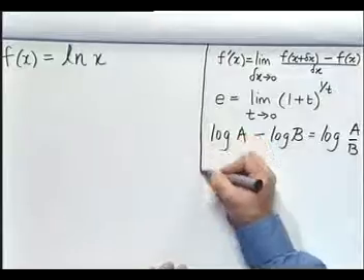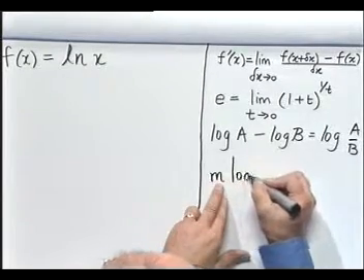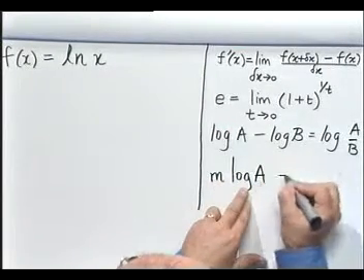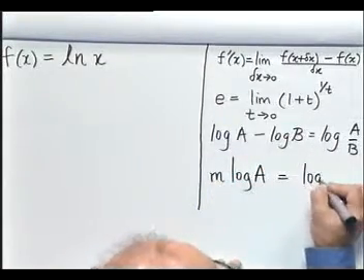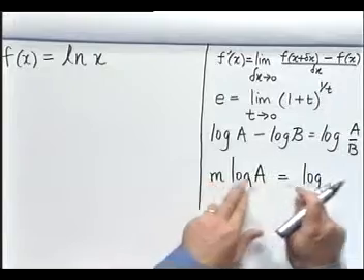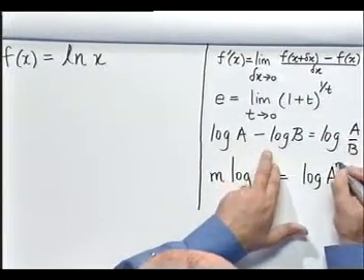And another law of logarithms that we'll need is that if you have a multiple m times a logarithm, then that multiple can come inside as a power. So we can write m log a as the logarithm of a, bring it in as a power, to the power m.